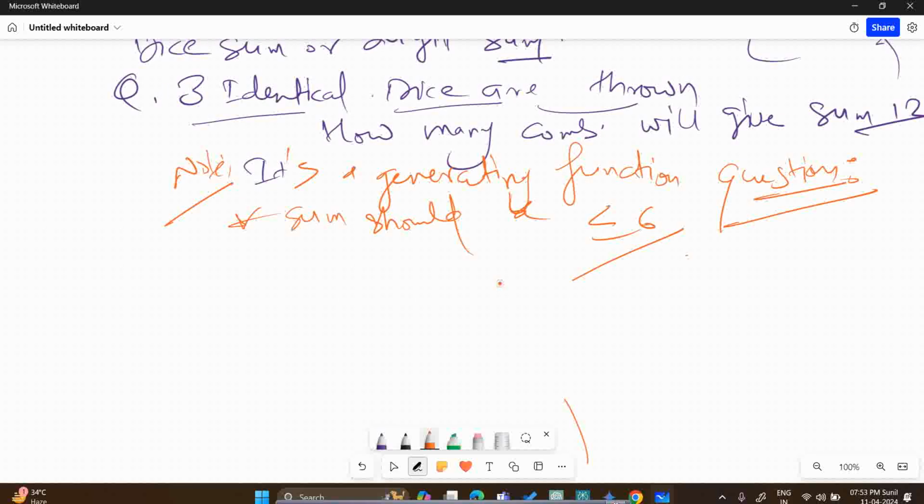Three identical dice. Let's say one die thrown three times. How many combinations will give a sum of 12?